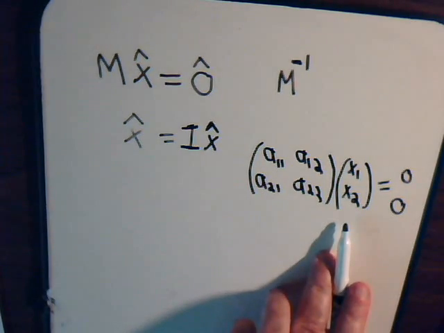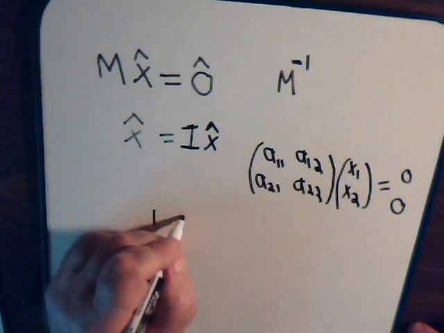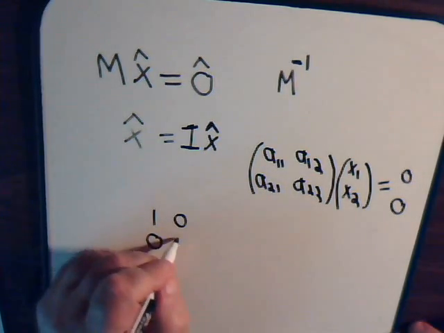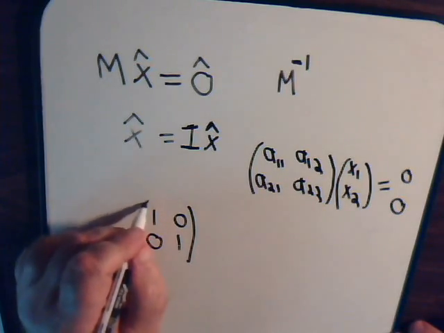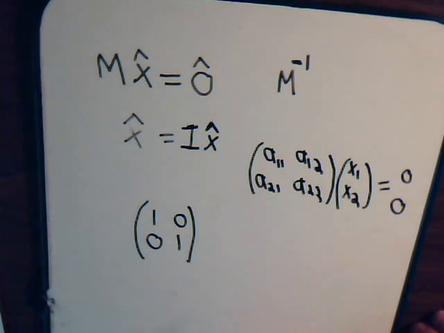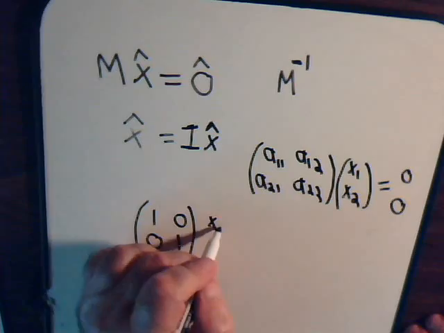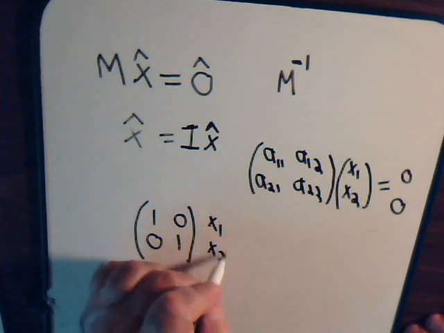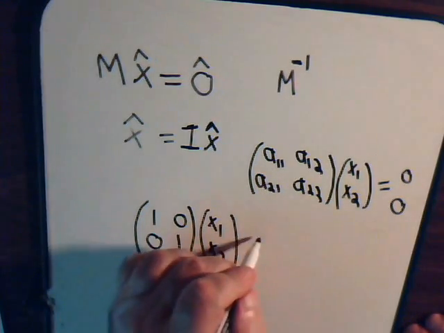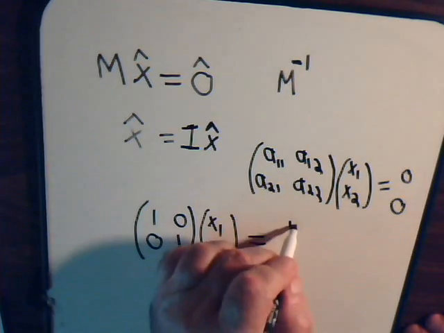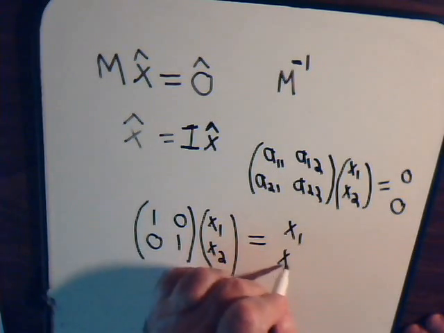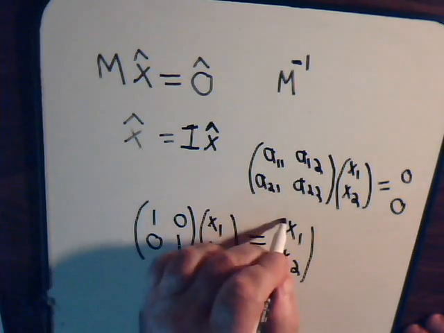Now this we can multiply by the identity matrix. 1, 0, 0, 1 times this, that just equals x1, x2.